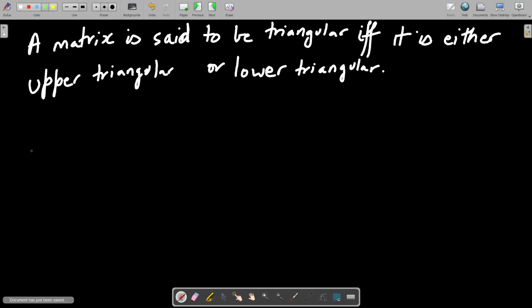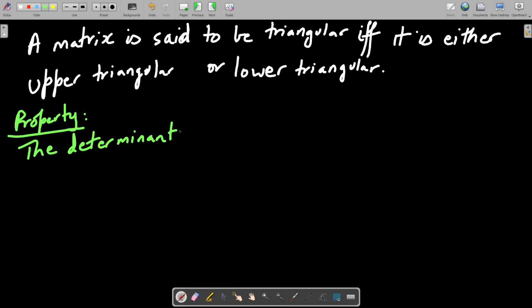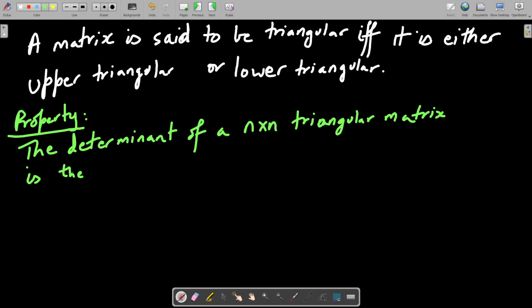Okay, so now the property which we wanted to do: the determinant of an n cross n triangular matrix is the product of its diagonal entries.